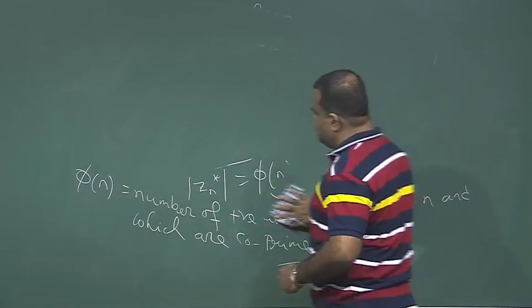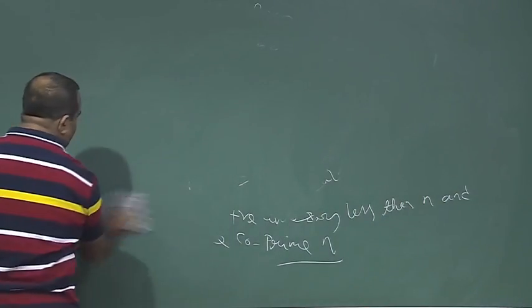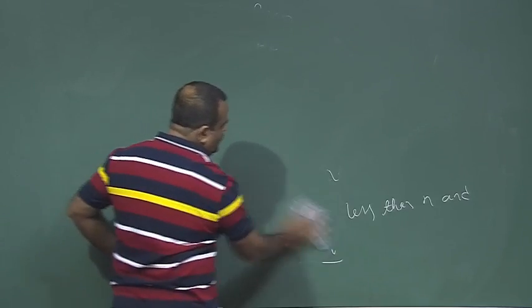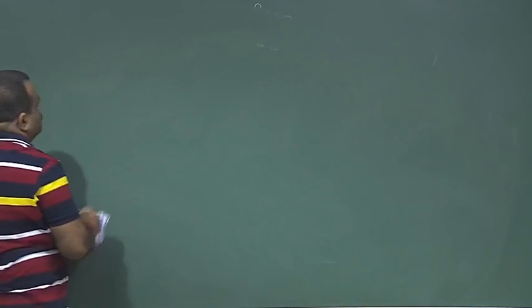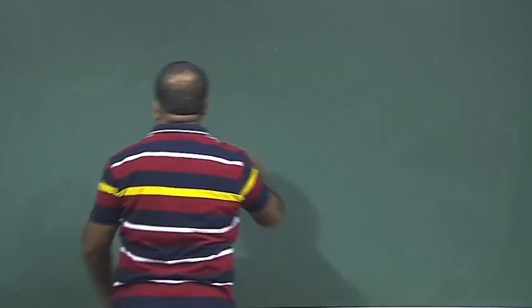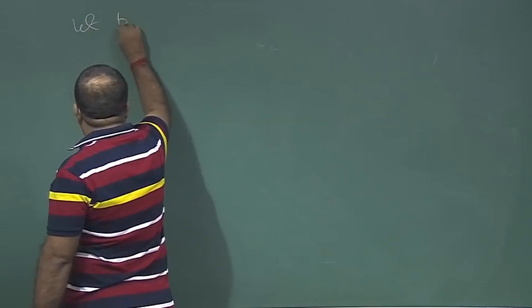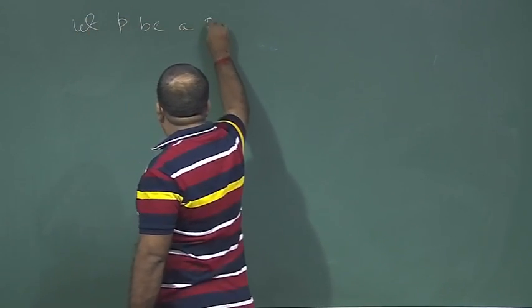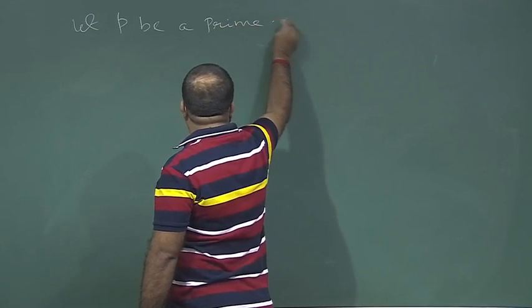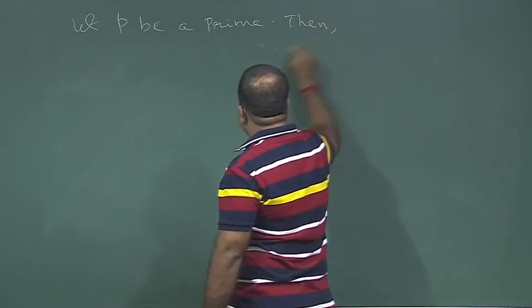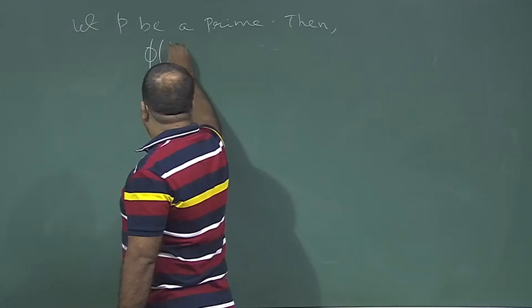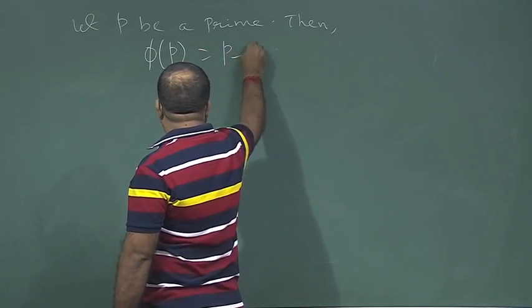So, for a prime number, Euler Phi function is basically, if the prime number is p, then it is p minus 1. So, let p be a prime, then phi p is basically p minus 1.